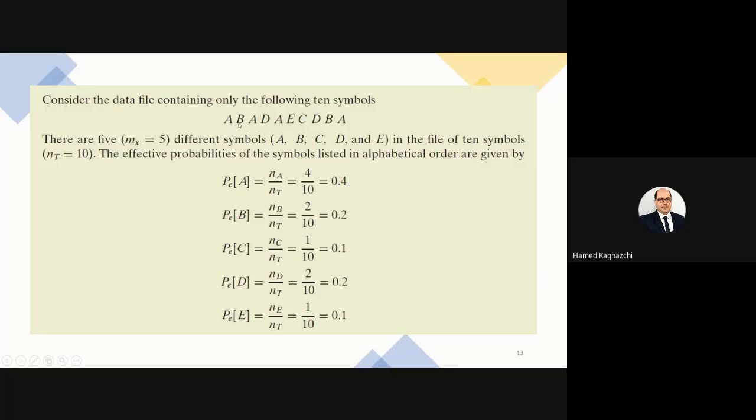How many B symbols do I have in my data file? 1, 2. 2 divided by 10. Up to the end: for C, 0.1. For D, 0.2. For E, 0.1. Is it clear up to now? Did you understand how I calculate the effective probability? Yes. Okay.